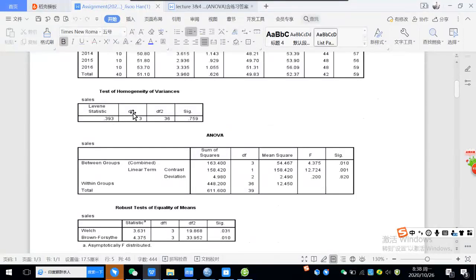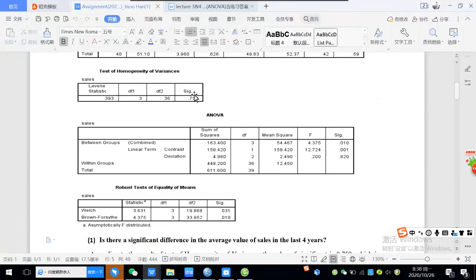Here is the test of homogeneity of variance. This test will tell you if the variance of different years has a difference or has no difference. So here is the first test.